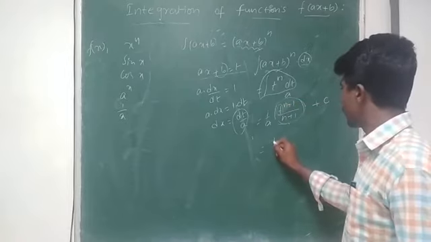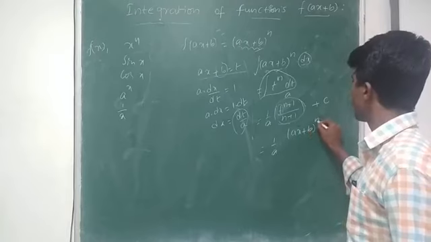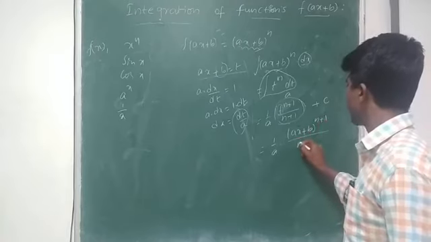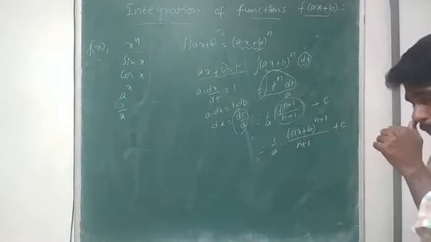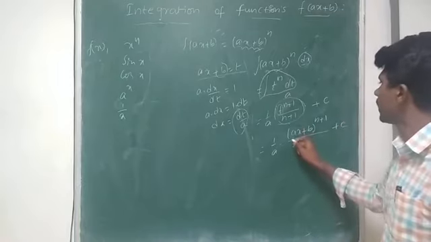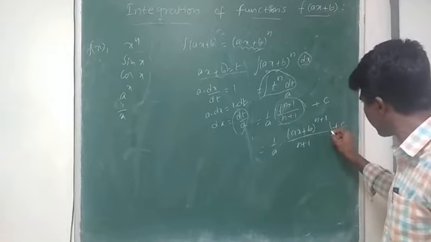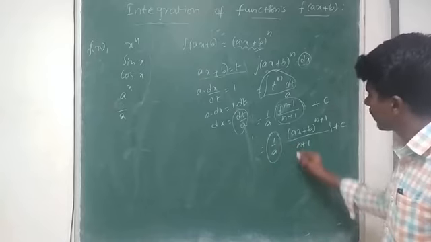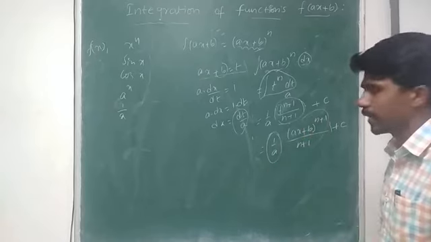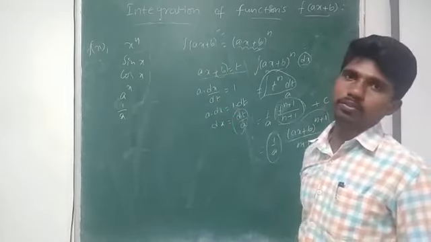So which is nothing but 1 by a into (ax plus b) to the power of n plus 1 by n plus 1, plus c finally. So we have replaced the t value in terms of ax plus b. It looks the same, but the difference is we divided the integral by a, which is nothing but the coefficient of x.